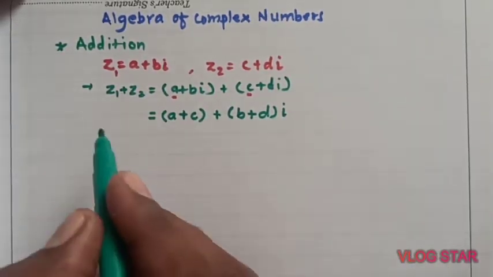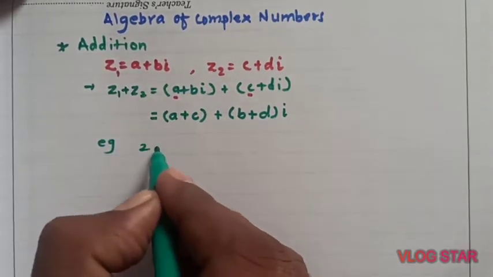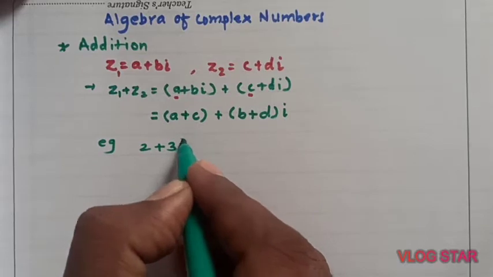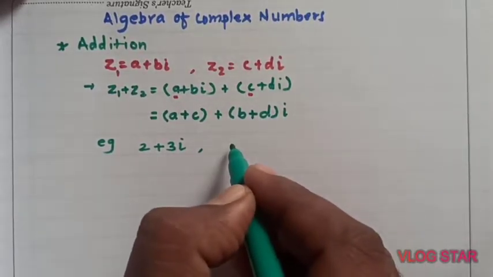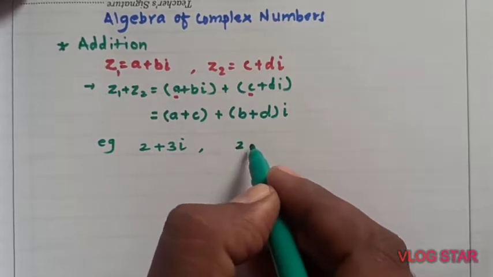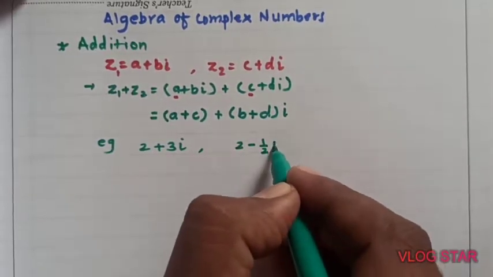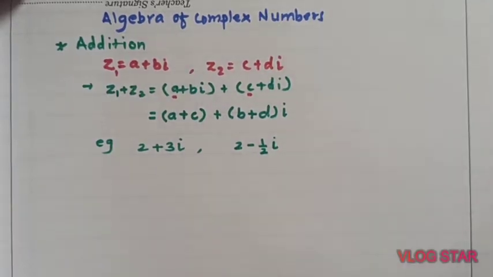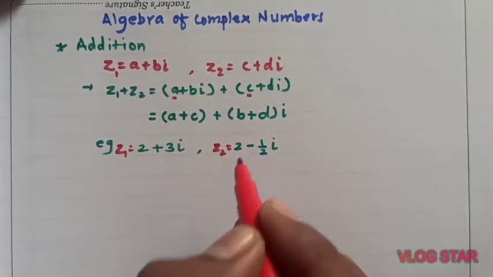Similarly, we can take an example. Suppose we have 2 plus 3i as one complex number and another complex number, say 2 minus half i. Let's add these two complex numbers. We can say this is z1 and this is z2.